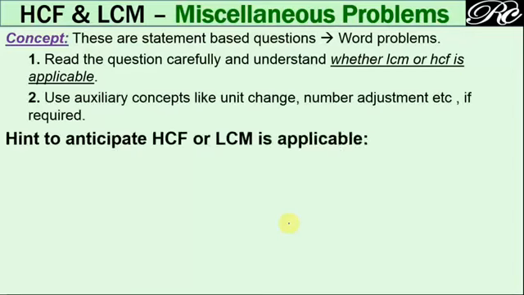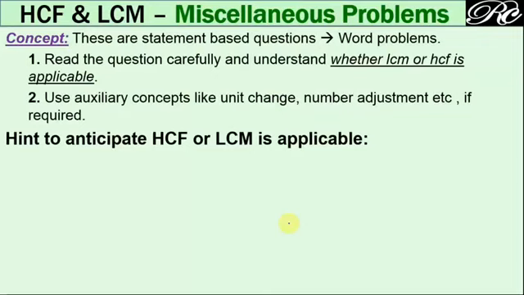Then while applying this LCM and HCF, we shall also take care of the auxiliary things, like if any length is given as a mixture of meter and centimeter, then it should be totally converted either into meter or into centimeter. Means proper adjustment of units, proper adjustment of decimals or fractions. These things are to be taken care of before going for LCM and HCF.